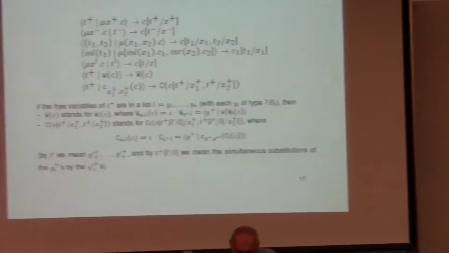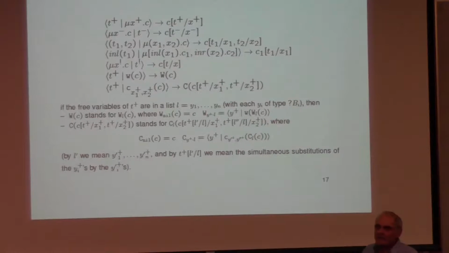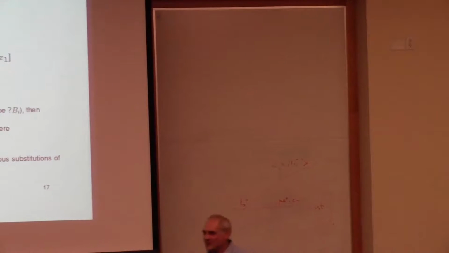So in other words, in these rules, you have to consider the third and the fourth rule as the real ones that do computation, and the first two as some control rules that put you on the way to actual interesting cut elimination steps. Okay?